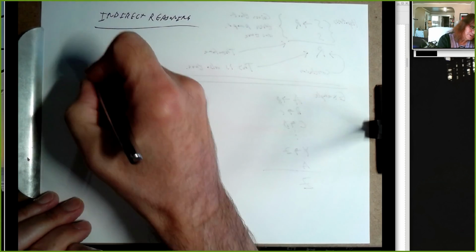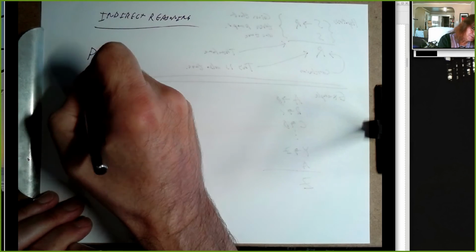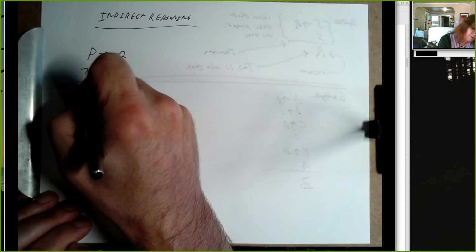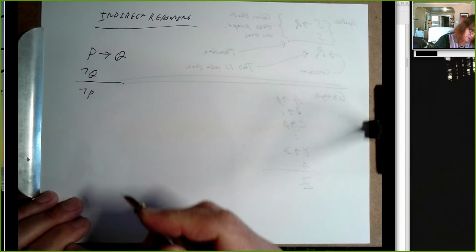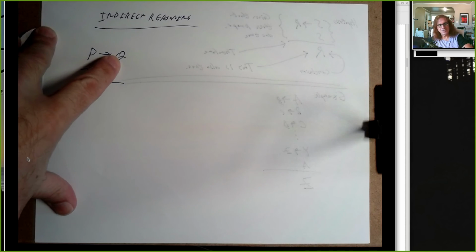So indirect reasoning says the following. Given if P then Q, and given not Q, we can conclude not P. And that's guaranteed. Okay, why does this make sense? If P is true, then Q is true.